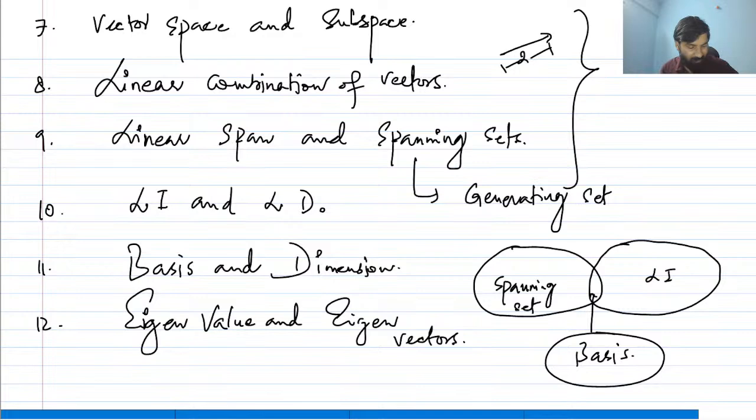Can somebody write in the chat box what you understand by eigenvectors, and how it differs from a simple vector? Suppose I give you two vectors and one matrix. How can you determine that this vector is an eigenvector and this vector is not an eigenvector? You should be able to tell.